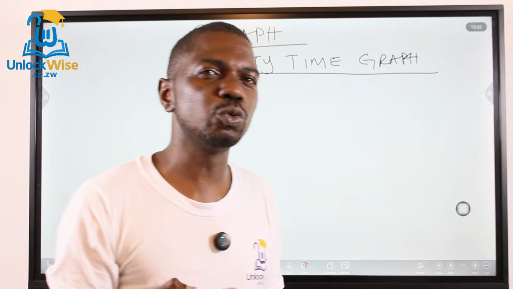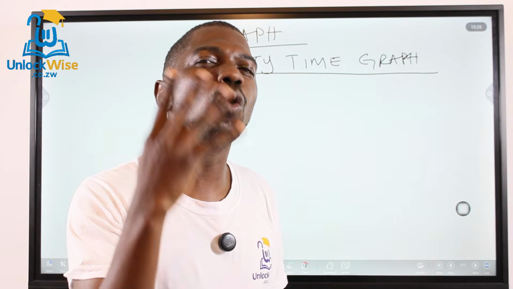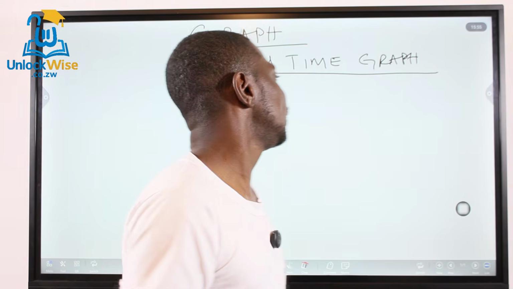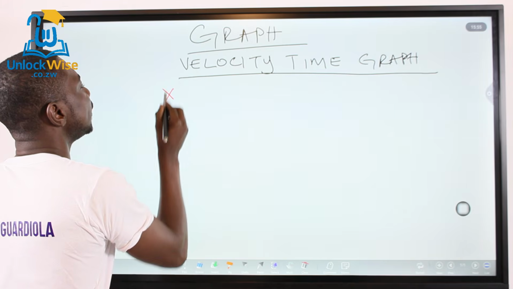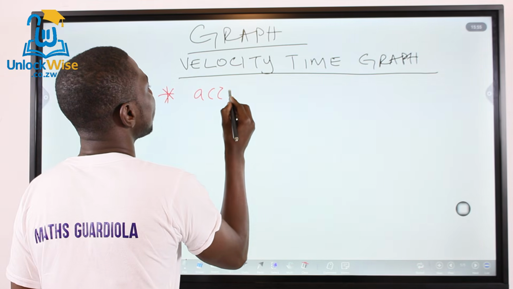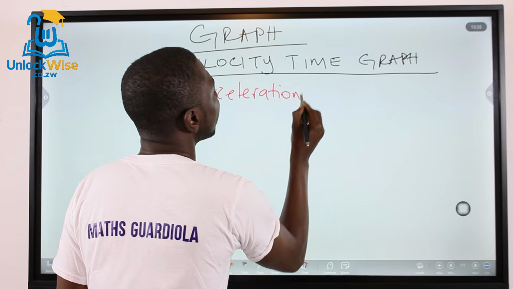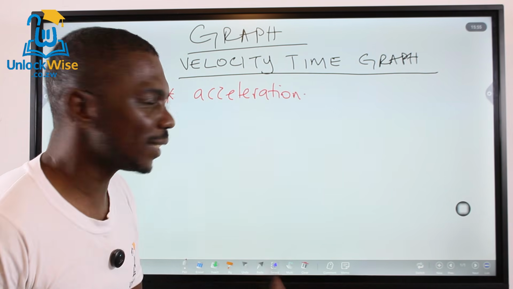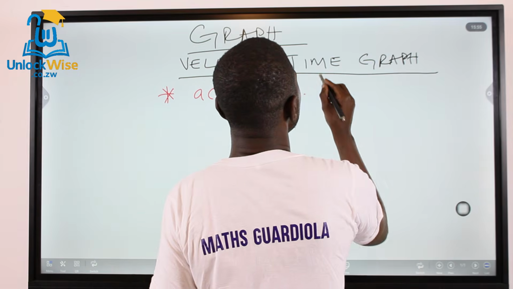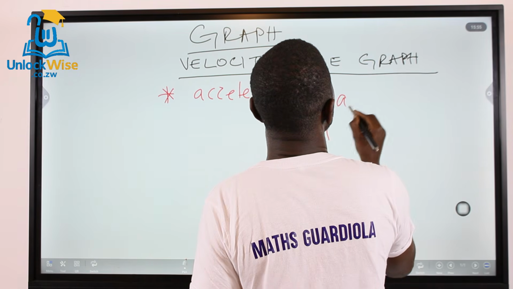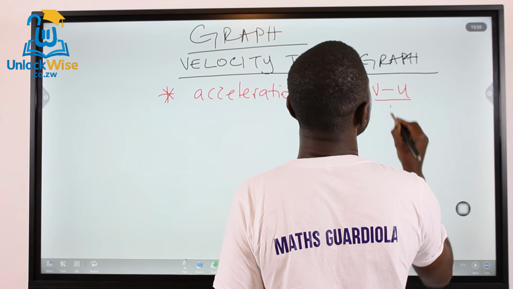You are going to be examined on 1, 2, 3, or all the 4 concepts. So I will list them here. The first one is acceleration. You will be examined on acceleration, of which the formula for acceleration, you see it in books like a equals v minus u over t.